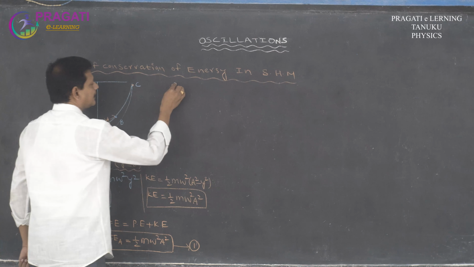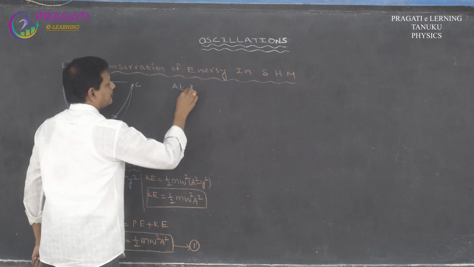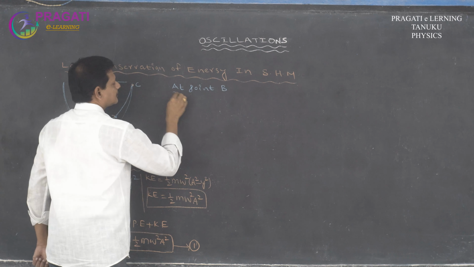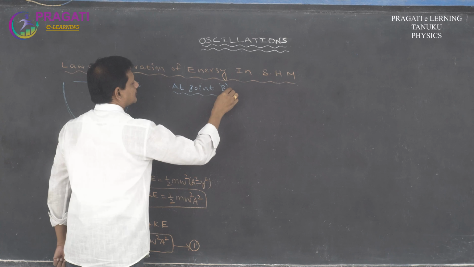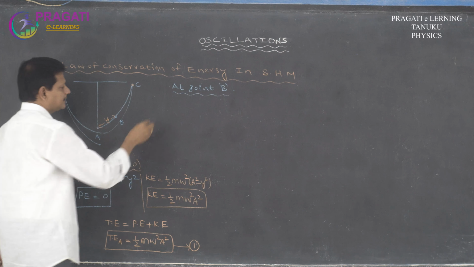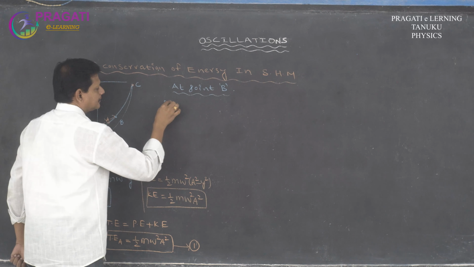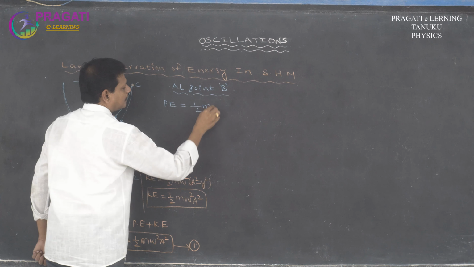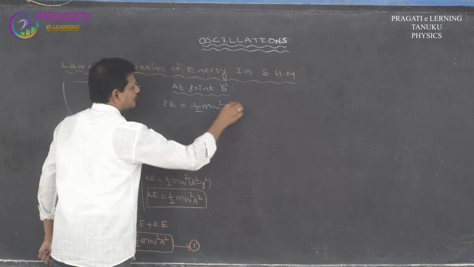Next, at point B, that is at any point at a displacement, the potential energy is half m omega square y square.